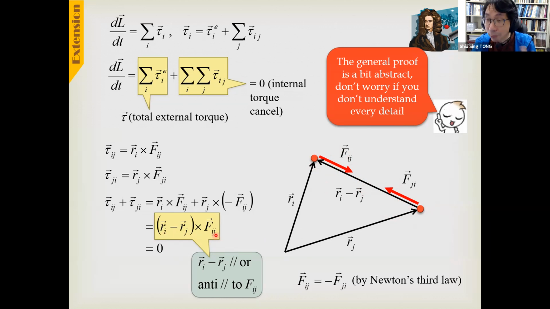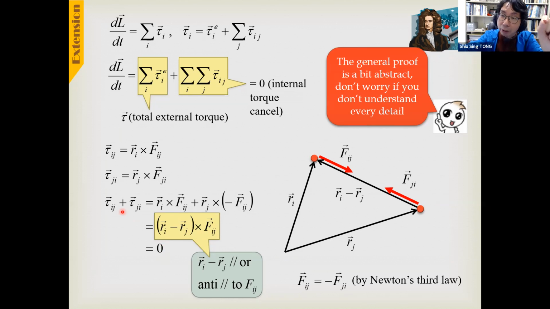So the two vectors are parallel to each other, either parallel or anti-parallel. It depends on the sign. But either parallel or anti-parallel produces a zero result when the two vectors are crossed together. If you form a cross product between two vectors that are either parallel or anti-parallel, the result is zero. So the internal torques cancel in pairs.